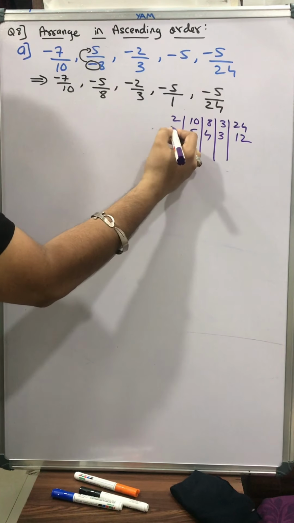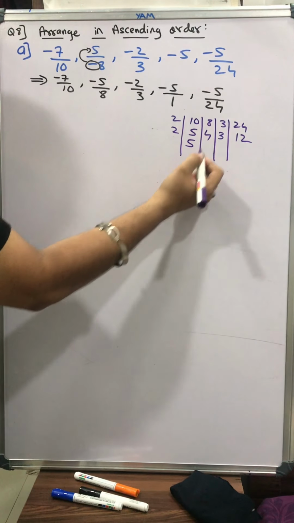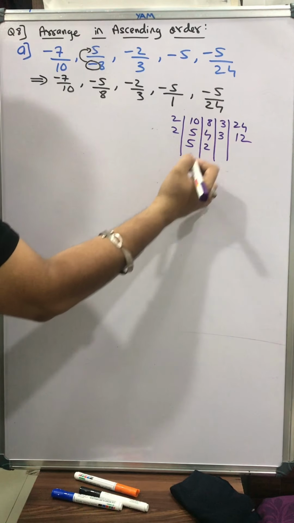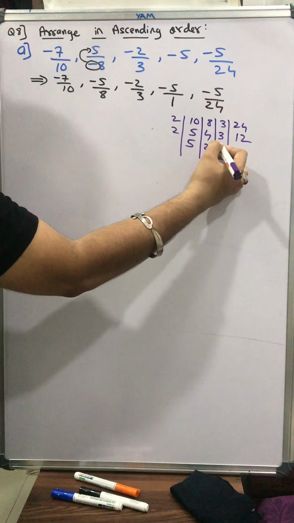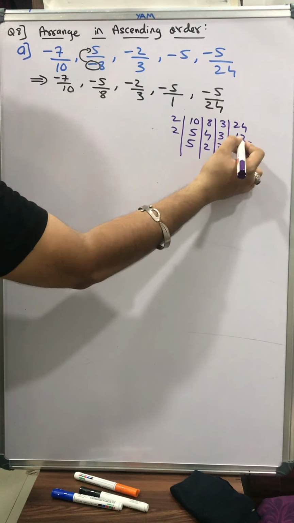Once again I'll go with 2. 5 does not go in 2, so 5 will be copied as it is. 2 2s are 4. 2 is not going in 3, so 3 will be copied as it is. 2 6s are 12.